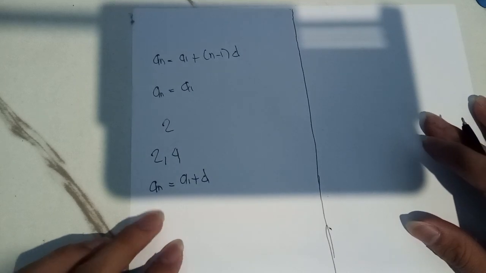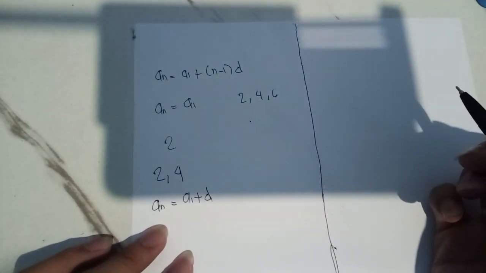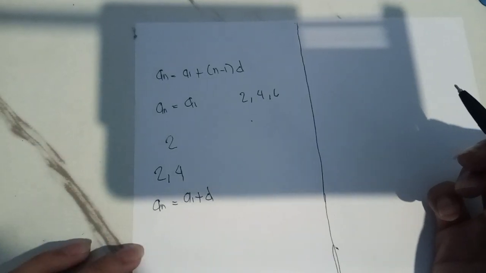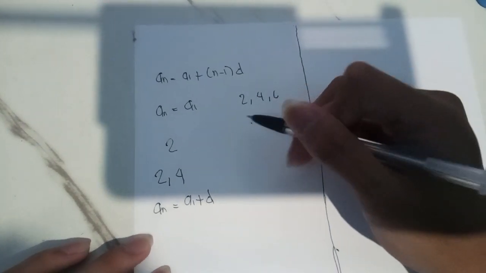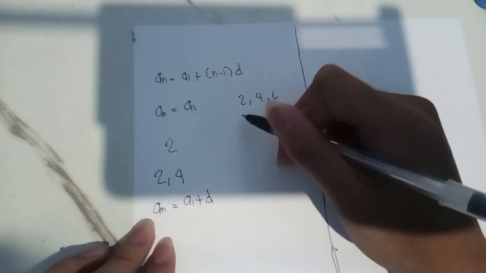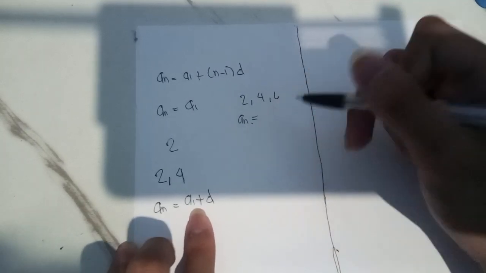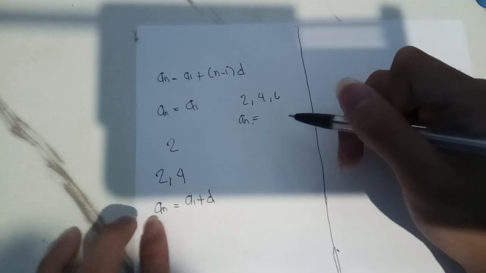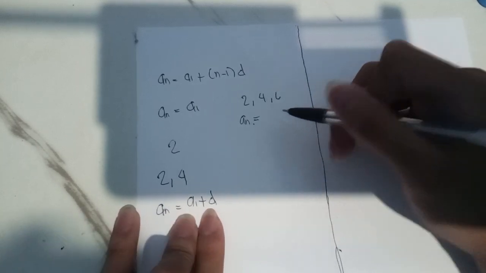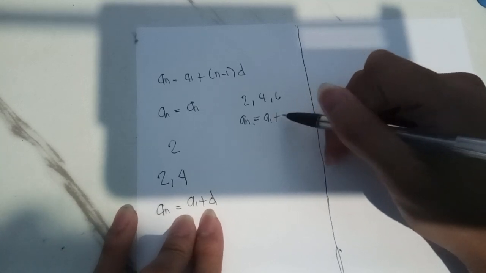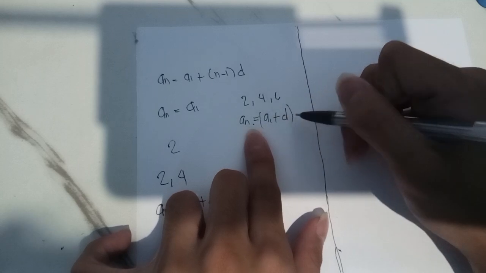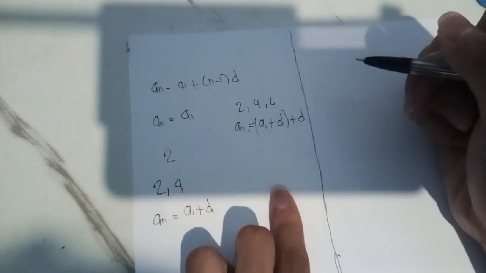So what if we have three terms like this, 2, 4, 6? So in this type we have three terms. So three terms, same process. Last term is equal to, we just copy this two term formula, and we add its value to common difference.